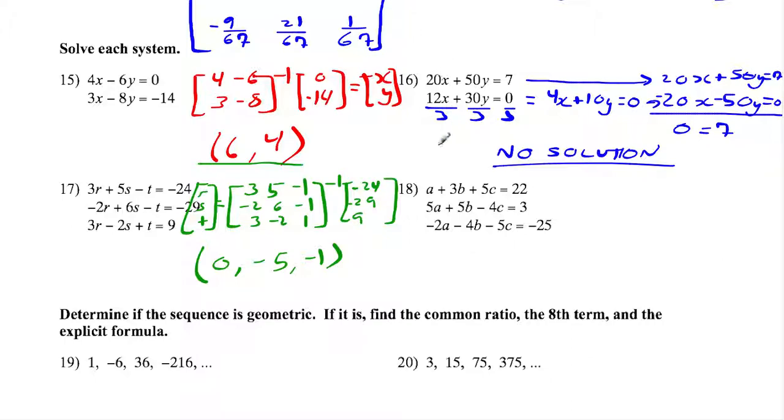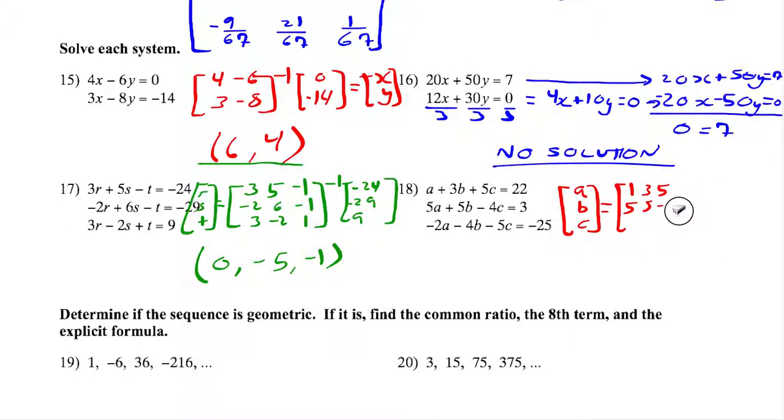Simple enough. For the next one, I'm going to have ABC is equal to, this is 1, 3, 5, 5, 5, -4.